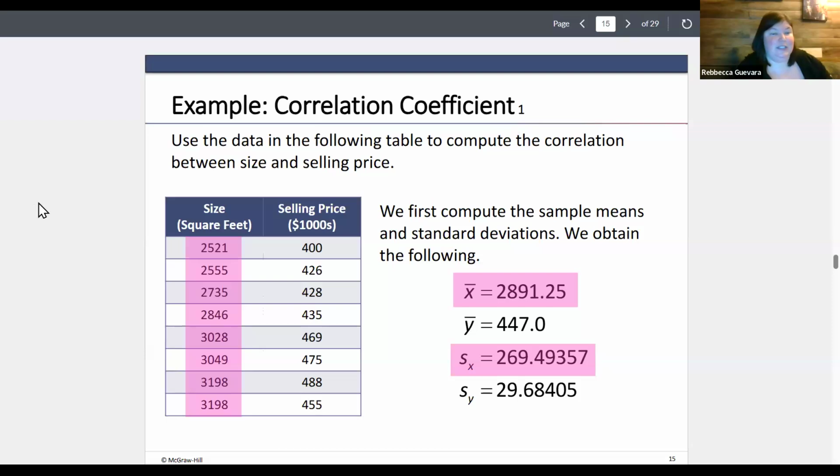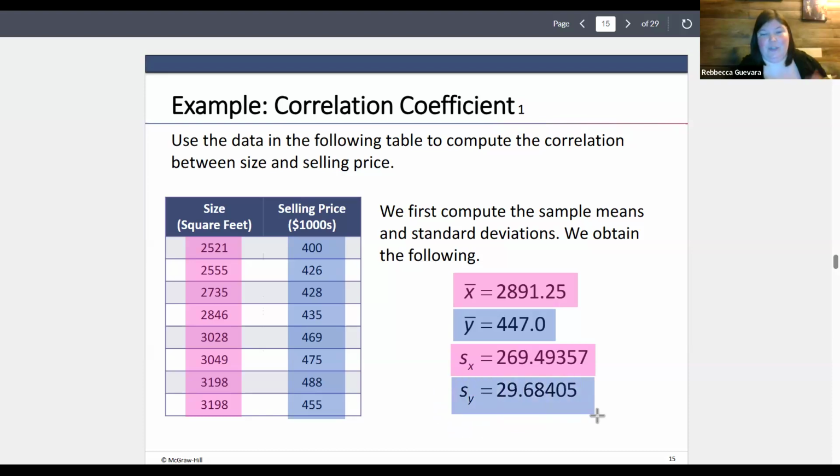Then if we look at selling prices, if I average my selling prices between all those houses, the average price is about $447,000 with a standard deviation of almost $30,000. So we would have to find the mean and standard deviation of all your X's and the mean and standard deviation of all your Y's.